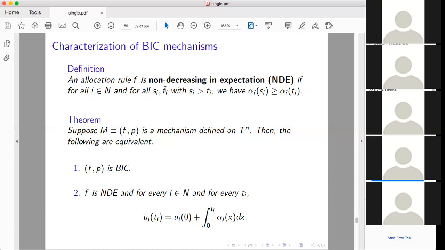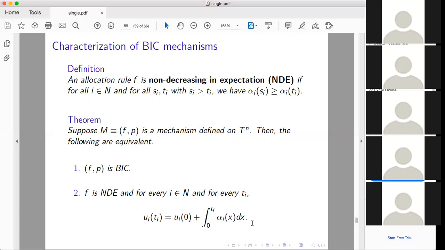Okay, so this is the allocation rule property. The characterization says that (f, p) is Bayesian incentive compatible if and only if f is non-decreasing in expectation, and for every i and every t_i, U_i(t_i) = U_i(0) + ∫_0^{t_i} α_i(x) dx.